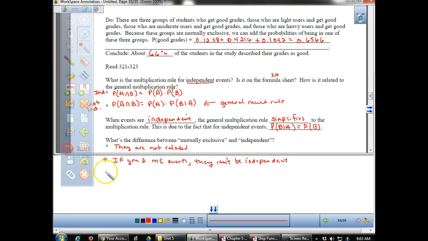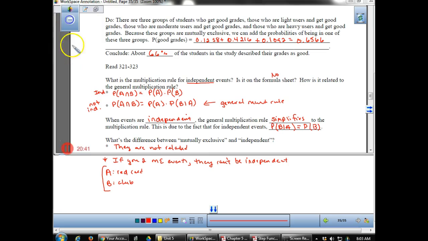So say I have a deck of cards and A is going to be a red card and B is going to be a club. These are two events, standard deck of cards, so you kind of know something about the deck of cards. So the probability of A and B occurring is never going to happen.